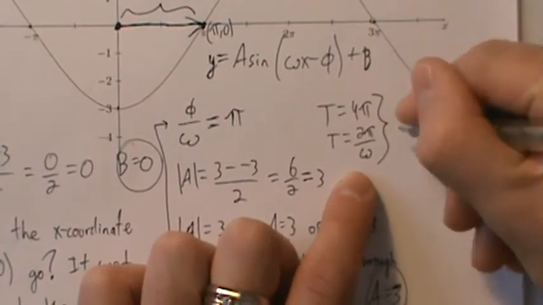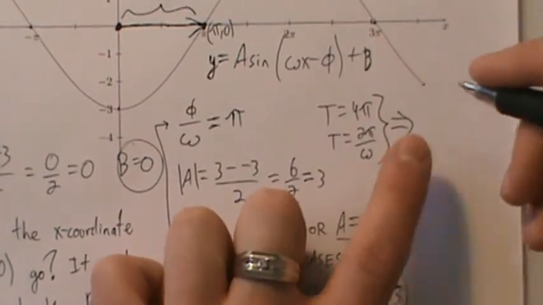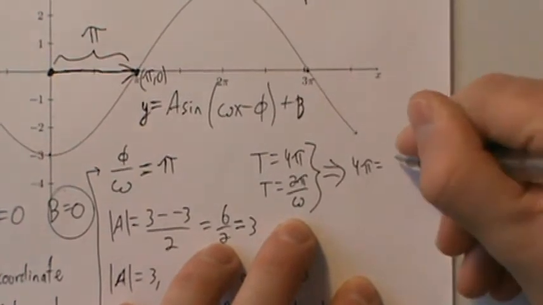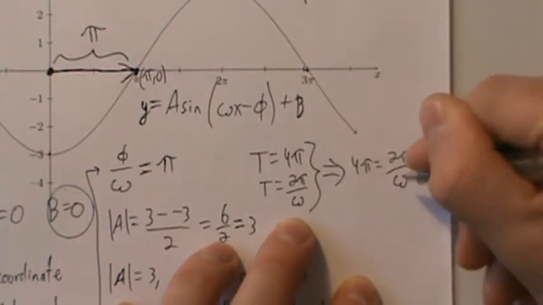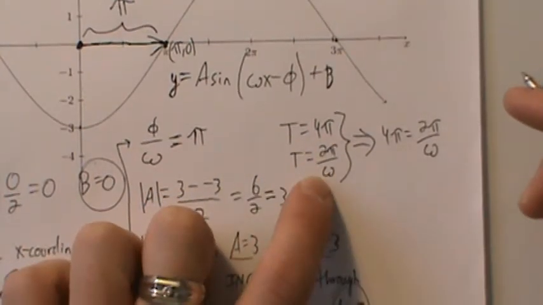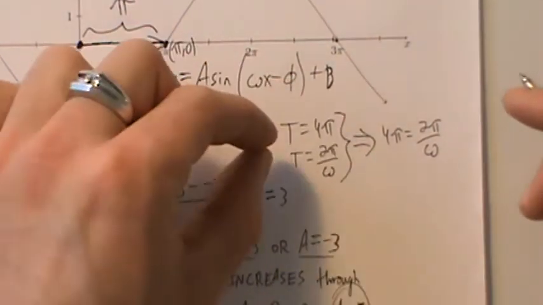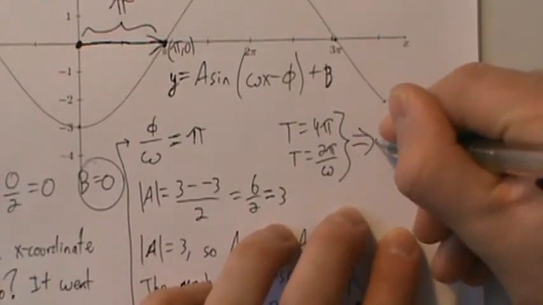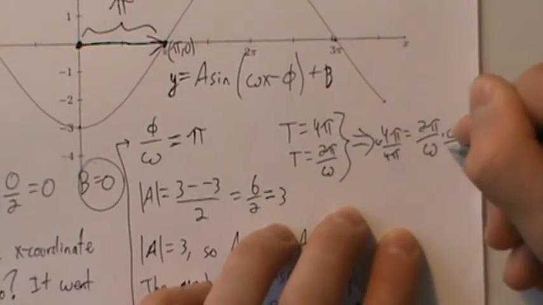Okay, so these two things together imply, the double arrow means imply, that 4 pi equals 2 pi over omega. And again, why is that? Well, the period is 4 pi, the period is also 2 pi over omega. Since both of these equal the period, they have to equal each other. Okay? So multiply both sides by omega and divide both sides by 4 pi.